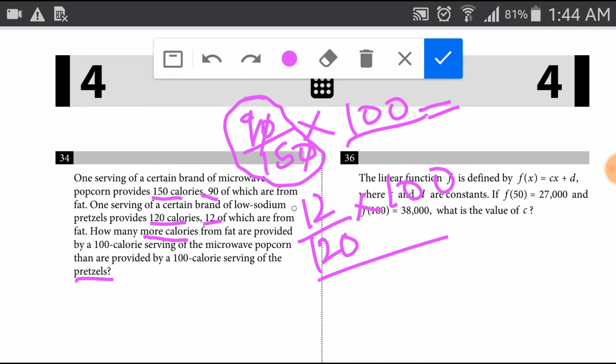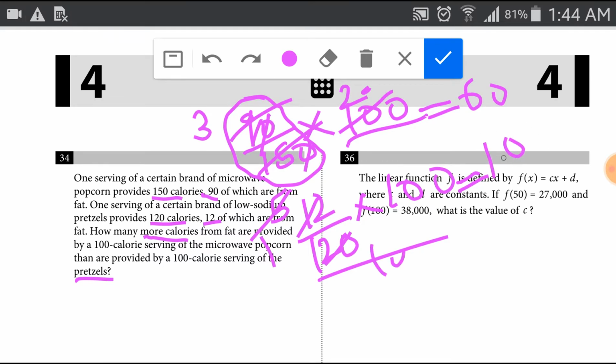So 90, I just crossed the zeros out, divided by 3 on both the numerator and denominator, we got 5, divided by 5, 20. Okay, so this is 60 right here. You can confirm using a calculator, and this right here is 10. And then when we subtract them, we get 60 minus 10, which is equal to 50. So that is the answer for question number 34.